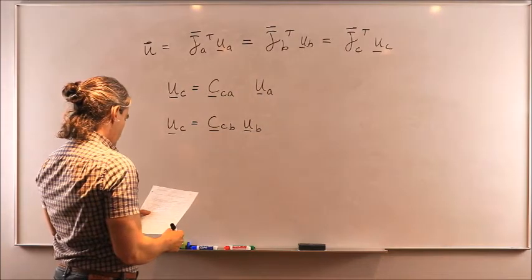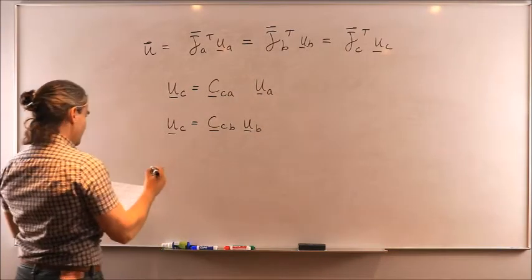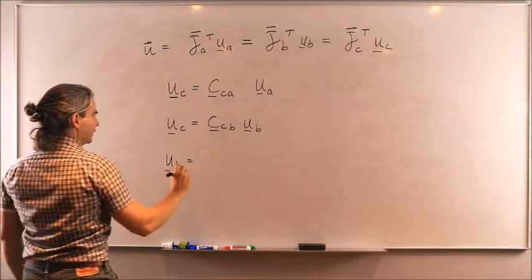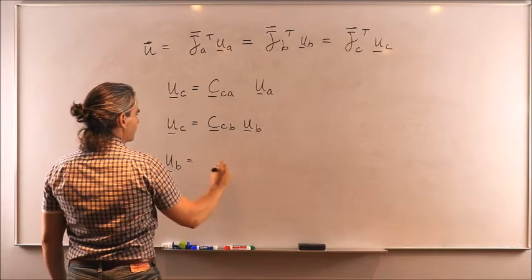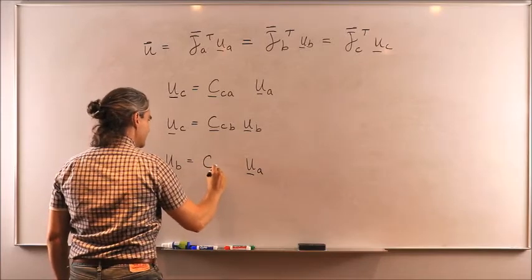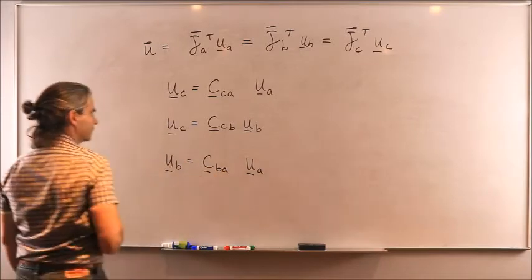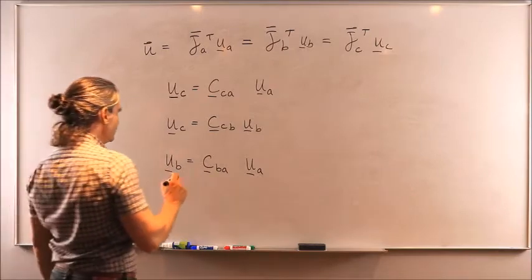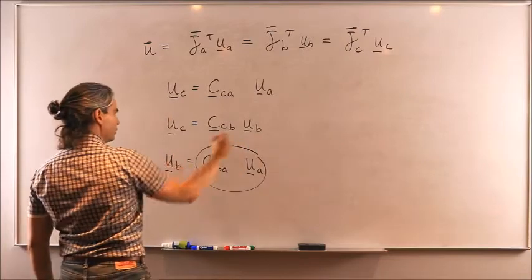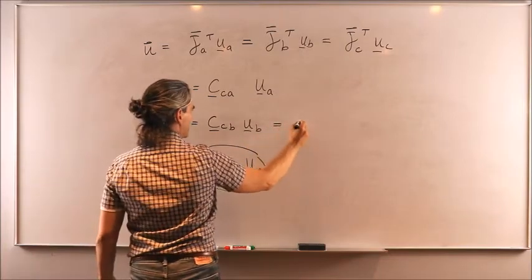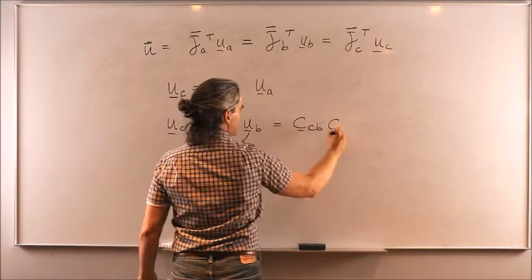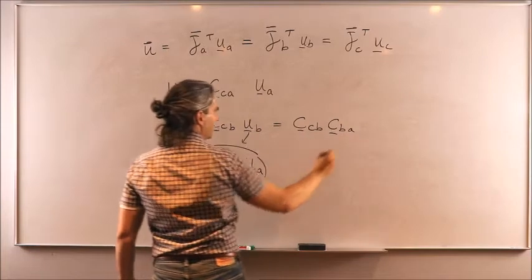But you can also say that UB is related to components of vector u in reference frame A through rotation matrix CBA, right? So what you can do is take that and substitute this UB for that one, so that you can write CCB times CBA times UA.